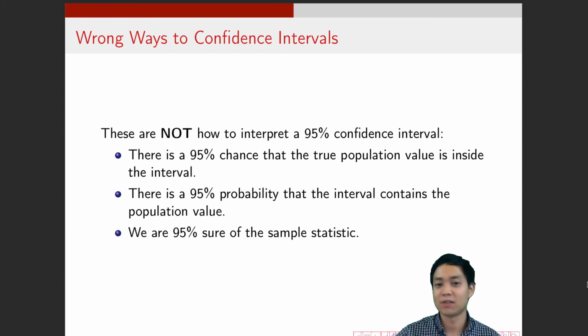Another wrong interpretation is that we're 95% sure of the sample statistic. This is not true, right? We know what the sample statistic is. We're using that sample statistic, that point estimate, and building the interval around it. And also, it isn't that 95% of the data are within this interval.